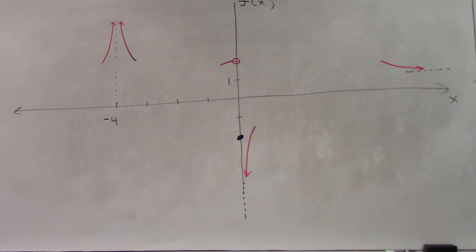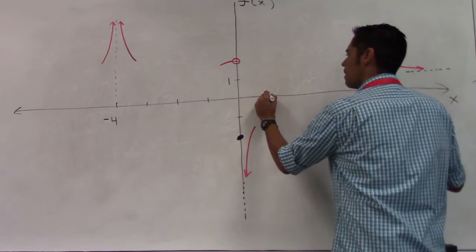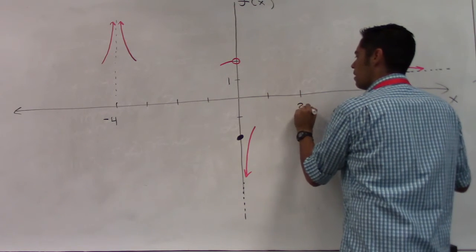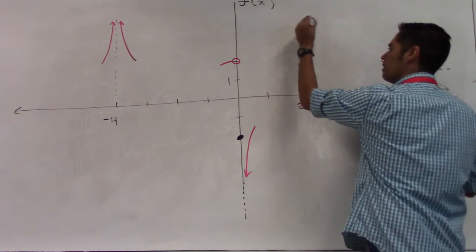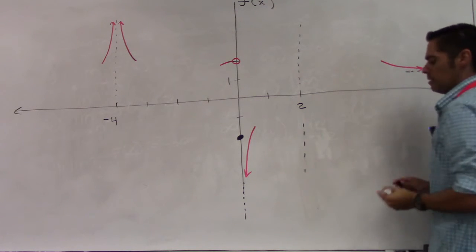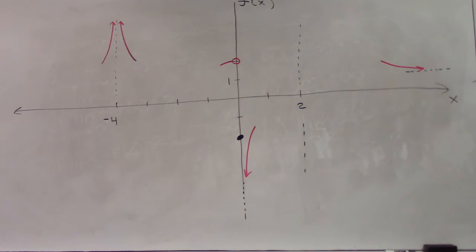And then what about as x approaches, who wants the last one? Last one's probably the hardest. There's going to be a vertical asymptote at 2. You want to do a vertical asymptote at 2? Like this? And then what do you want? Right. You could do opposite directions. You can make it go to infinity on one side and negative infinity on the other.